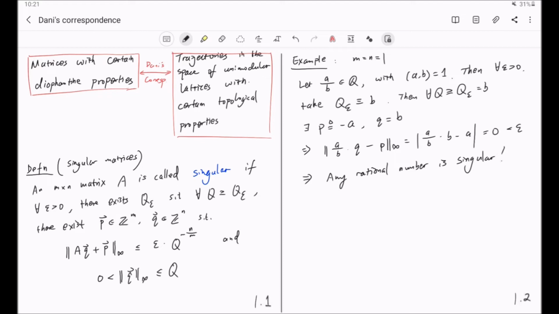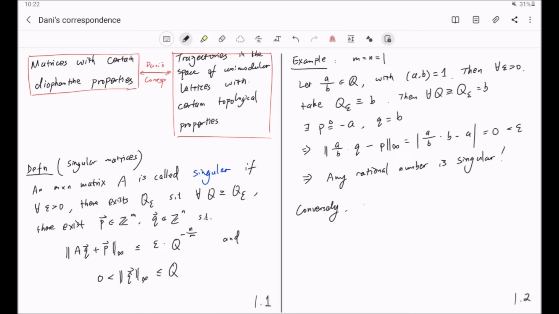This is the easy part. Now conversely, do you think that any singular number is also rational? The answer is yes.